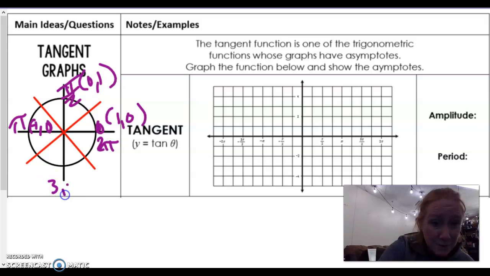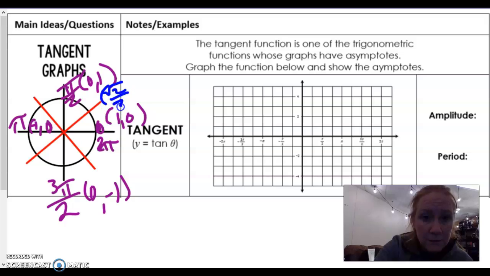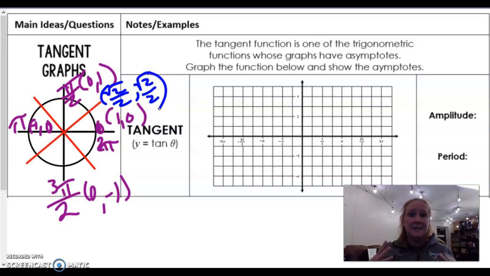Down here is 3 pi over 2, and that ordered pair is 0, negative 1. Now let's think about those perfect pi over 4's. Those are always square root 2 over 2 and square root 2 over 2. The sign changes, but it's square root 2 over 2, square root 2 over 2 always, and then maybe there's a negative in front of it, right?